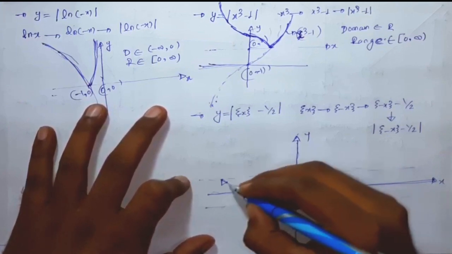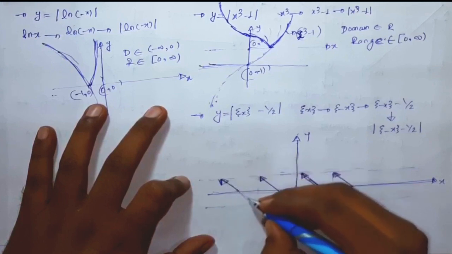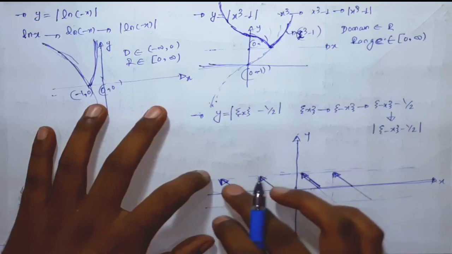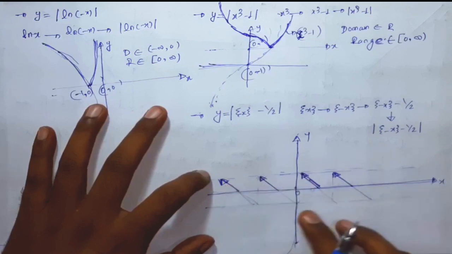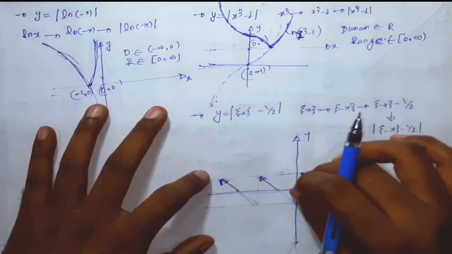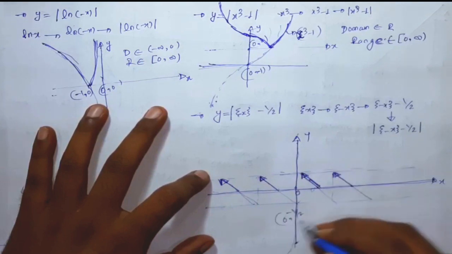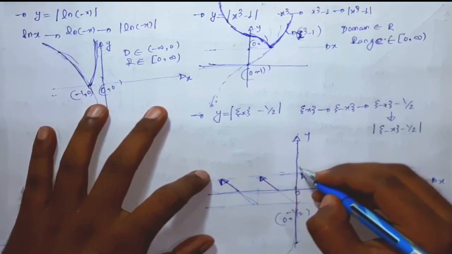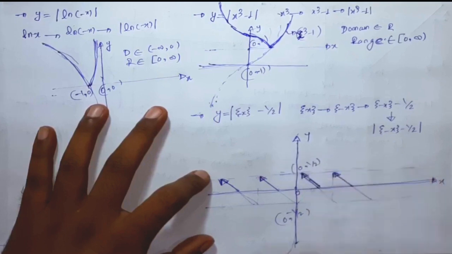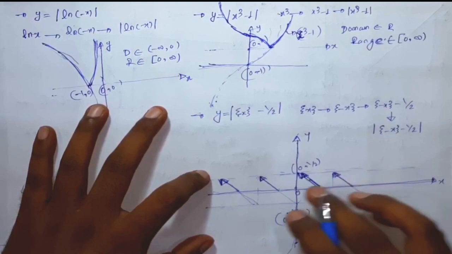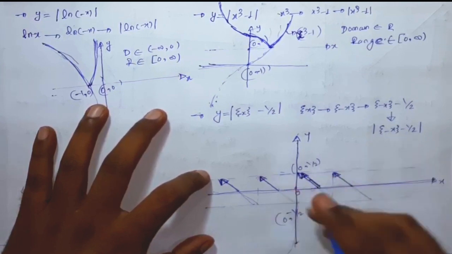For this portion, now we are going to take a mod. For the positive portion, this is going to be origin. This is 0 comma minus 1 by 2, then this will be 0 comma 1 by 2. Okay, the arrow will be up to this. Now this whole arrow is there.